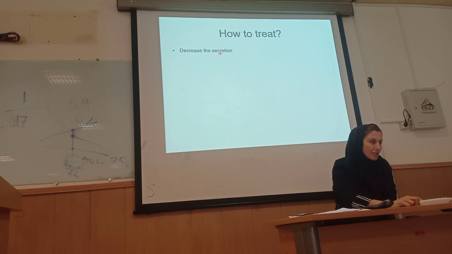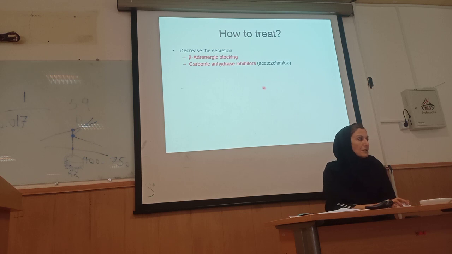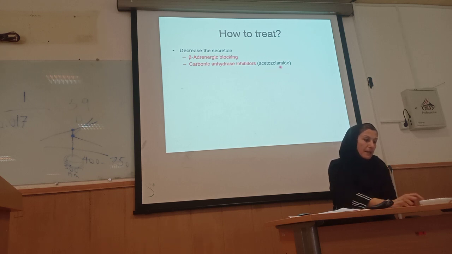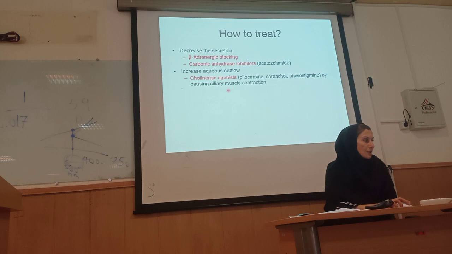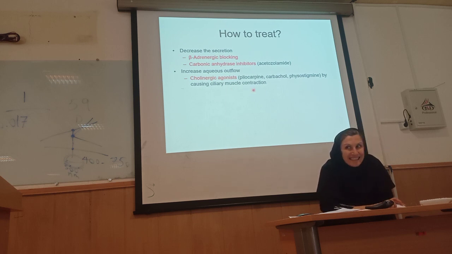Decrease the secretion by some beta-adrenergic blockers or some inhibitors of the carbonic anhydrase enzyme like acetazolamide, or increase the outflow of the liquid by some cholinergic agonists. You may have heard of pilocarpine or physostigmine. They cause ciliary muscle contraction.